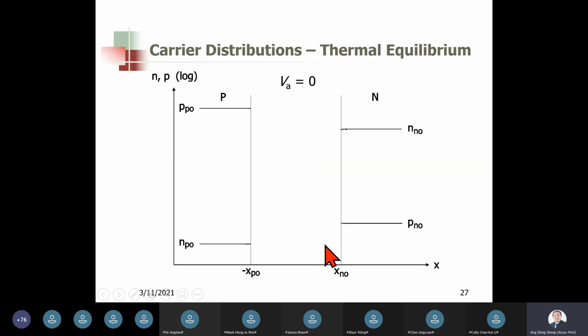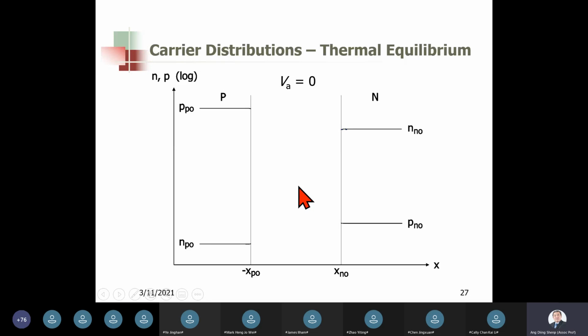We have never attempted to derive any expression for them before. Remember in the very beginning when we applied the depletion approximation to solve the Poisson equation, we in fact neglected the electron and hole concentration in the space charge region.